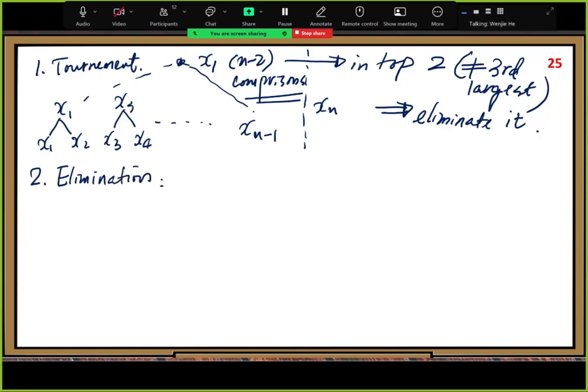Then we do some cleanup work. x1 is gone. Can you use xn, the idle one? We left xn out, so that player is idling. Can we use xn to replace x1's position, and recover the tournament method?